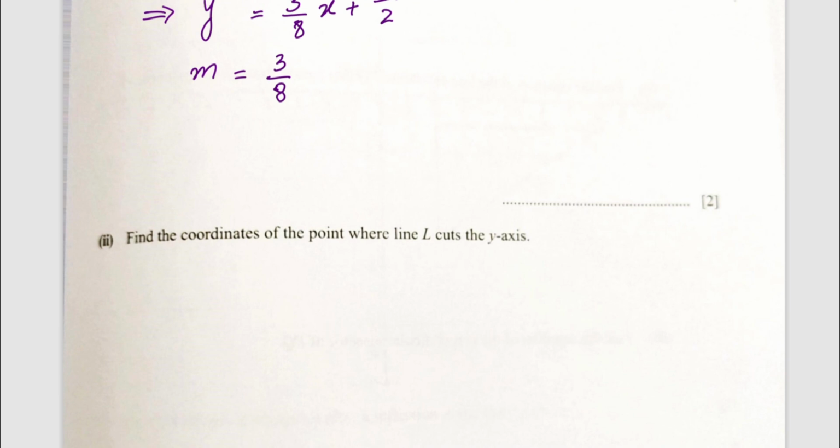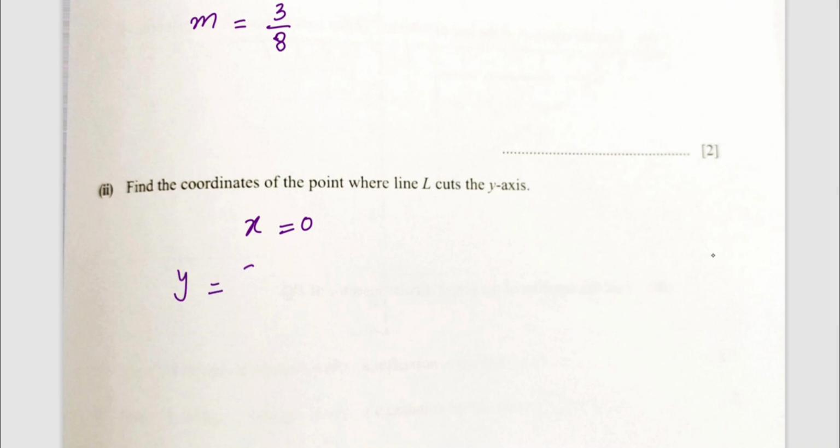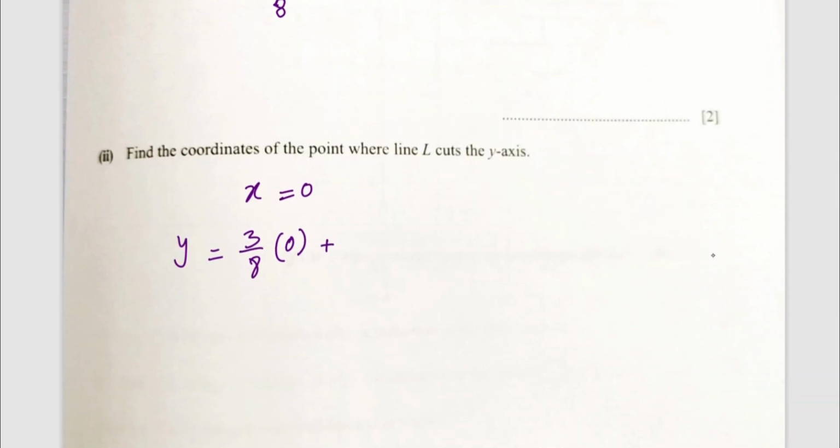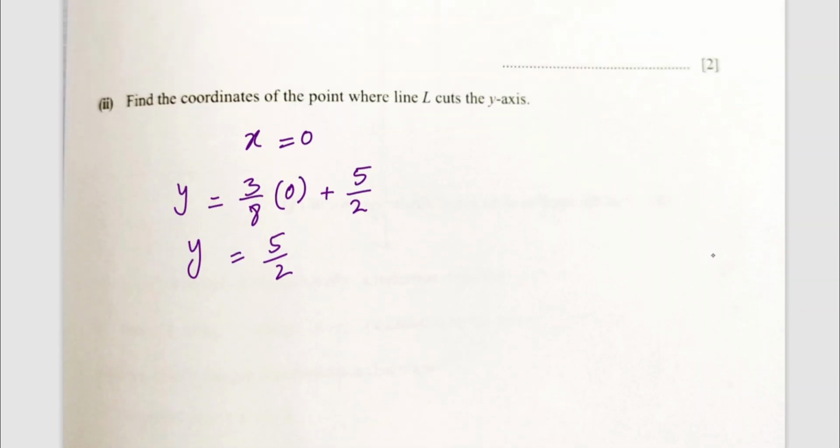So x is 0, we replace x by 0 in the above equation, y is equal to 3 over 8 into x, x will be substituted by 0, plus 5 over 2. So y will be equal to 5 over 2. So this coordinate point is x is 0 and y is 5 over 2.